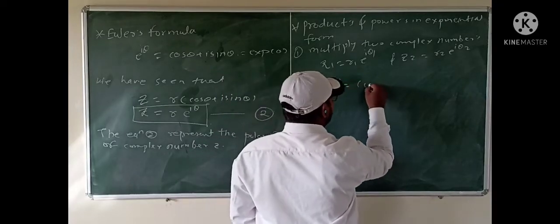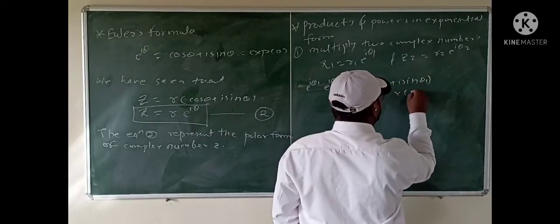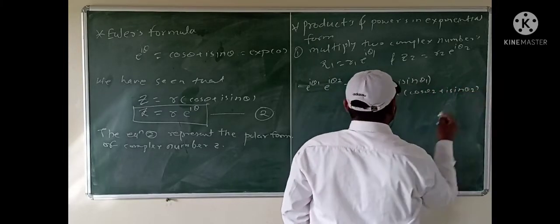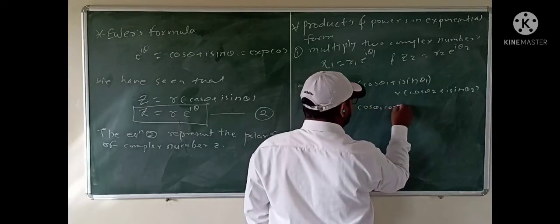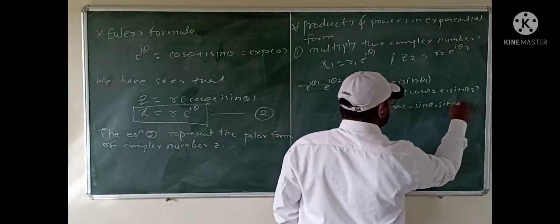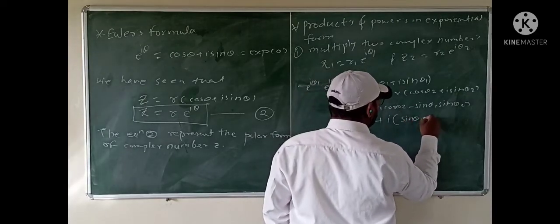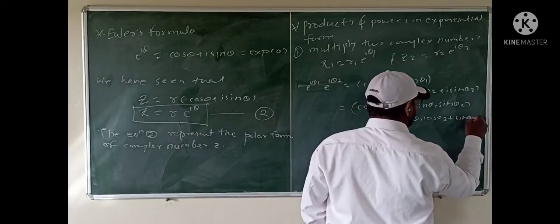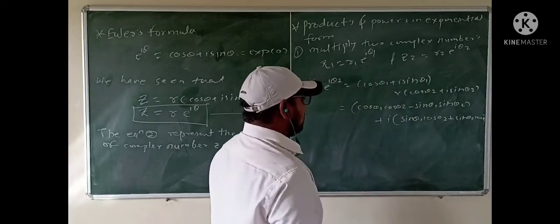This will be cos theta 1 plus i sin theta 1 into cos theta 2 plus i sin theta 2. Finally, this becomes cos theta 1 cos theta 2 minus sin theta 1 sin theta 2 plus i times sin theta 1 cos theta 2 plus sin theta 2 cos theta 1.